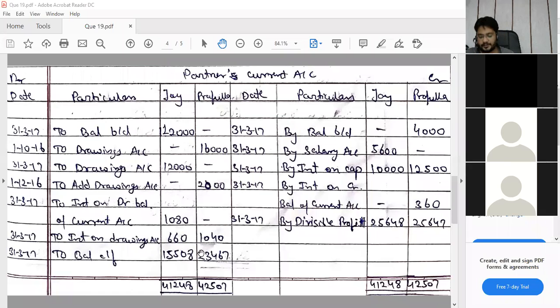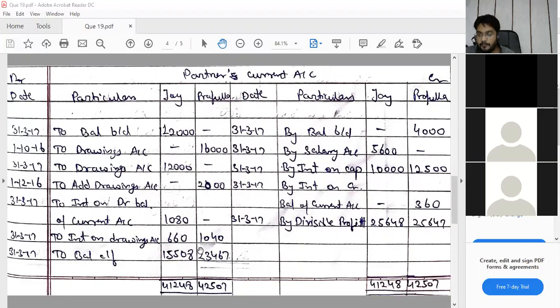And last adjustment, one debtor of 2,400 became insolvent, 40 paise per rupee dividend is receivable. This adjustment is for bad debt. 40 paise receivable means 60% is not receivable, and that would be your bad debt, right?